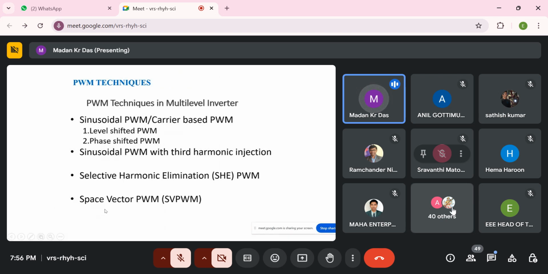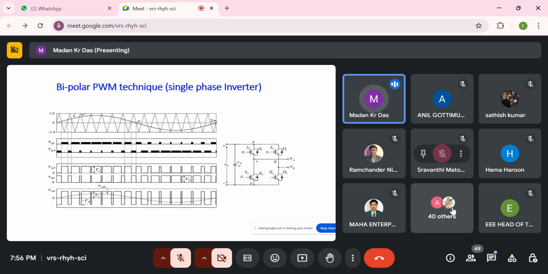Some other PWM techniques we have used are sinusoidal PWM with third harmonic injection and the selective harmonic technique for the multi-level inverter. Space vector PWM is also used. Now the bipolar PWM technique: one sinusoidal reference signal is compared with the carrier, and pulses are generated when the reference signal is greater than the carrier wave.